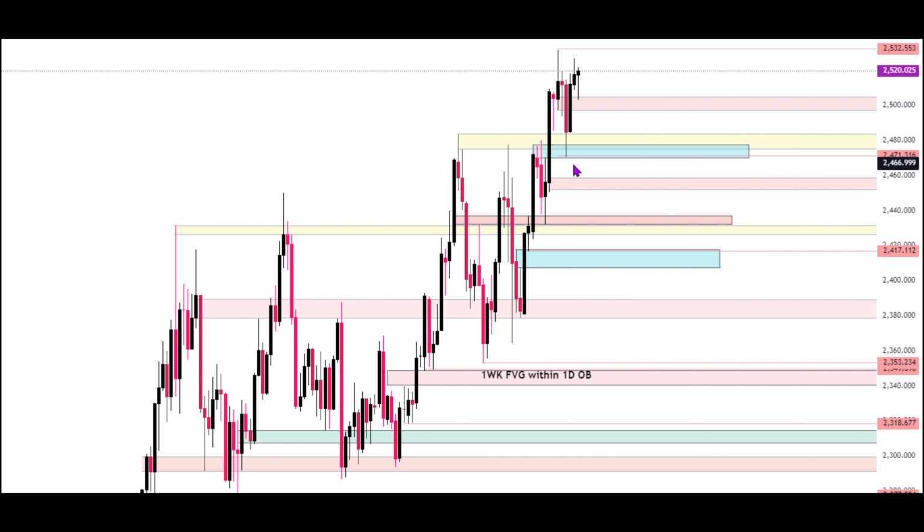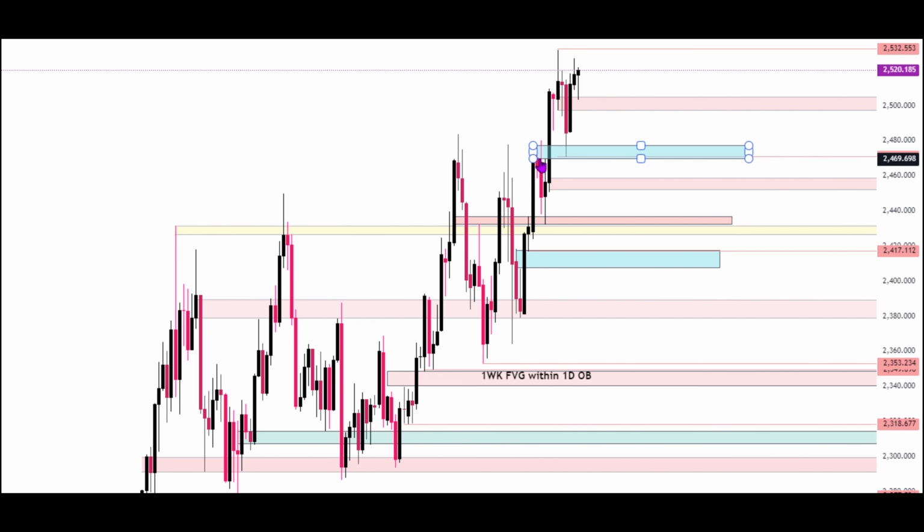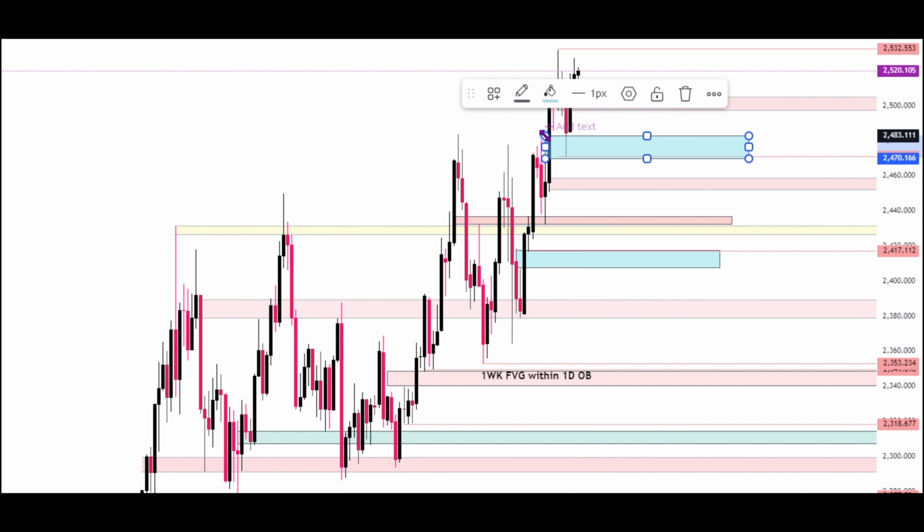Now let's consider the recently tested fair value gap here, and try to see how we would have traded off from this fair value gap in the lower time frame. Let me do away with this drawing so that we can readjust the diagram. Of course, this is a refined zone, so I want to include the fair value gap, the whole area, on the daily time frame, and then we can see how it was refined going down in time frames.